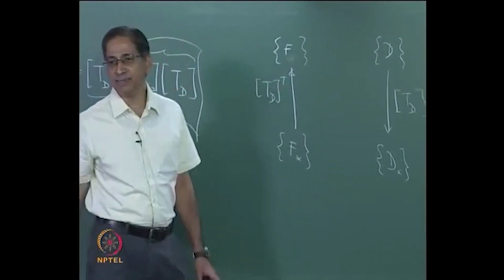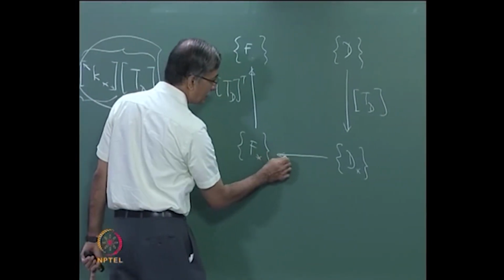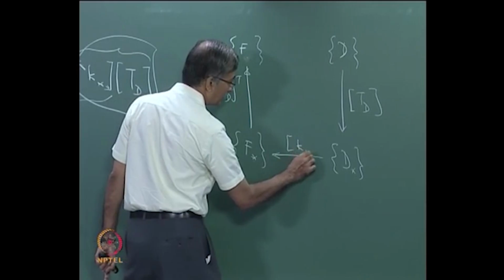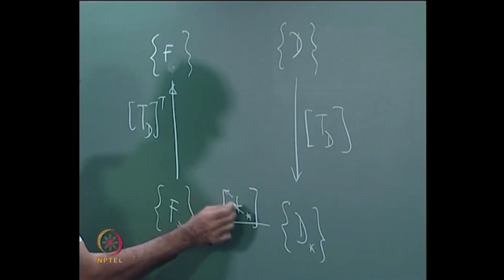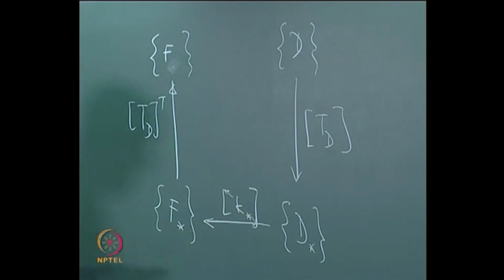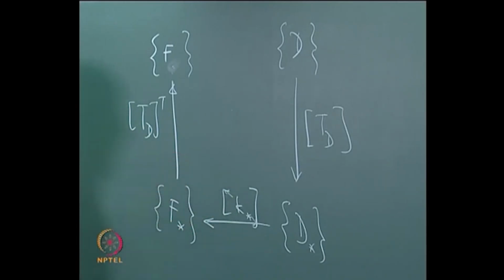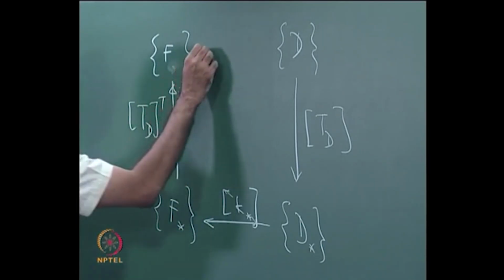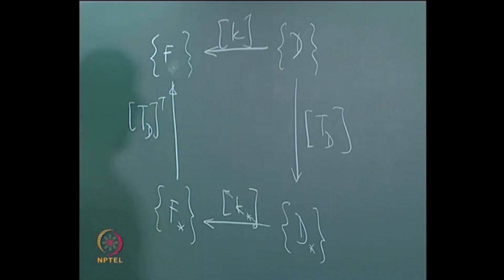Contragradient principle. What is this relationship? K star. This is an unassembled matrix, so it is a diagonal matrix, right? Because it has as many elements as there are in the structure, all put in an uncoupled manner. What is this relationship? K.